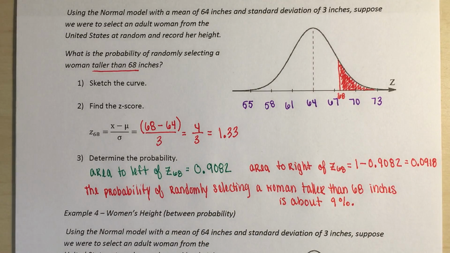So when we're finding area to the right, we are thinking complement. Our complement of this 0.9082 gave us about 9%.